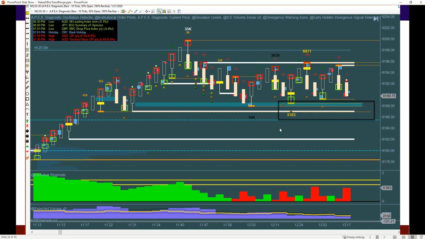Now, let me ask you guys a question. Look at this range box, and then tell me, what's a better definition of what you're looking at there? Is that ranging or is that tight chop?